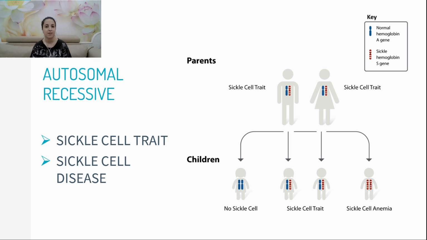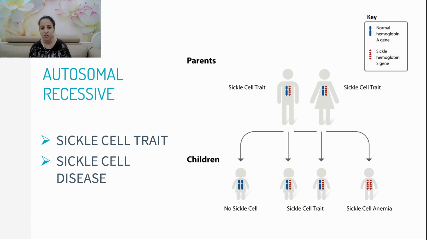So what's the difference between the two? What happens if you just have only one chromosome or one allele which is affected? In sickle cell trait, the person does not have the symptoms of SCD, but he or she is just a carrier of the disease. A carrier is basically someone who can pass on that particular gene to their children.